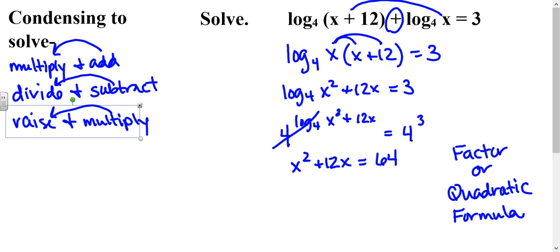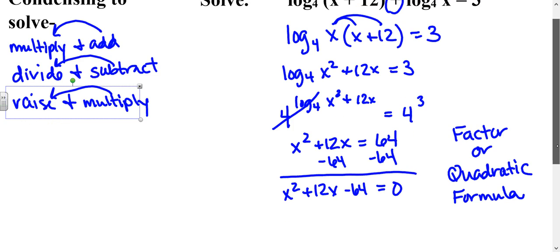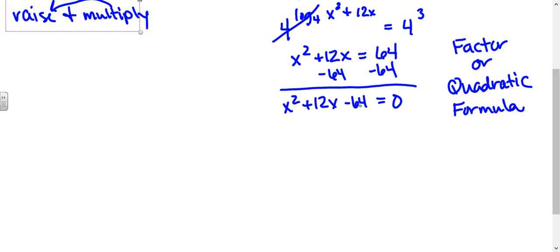Okay, so in order to factor this, I have to make it equal to 0 first, so I'm going to go ahead and move the 64 over here. So then I have x squared plus 12x minus 64 equals 0. So I'm finding factors of negative 64 that add to equal 12.